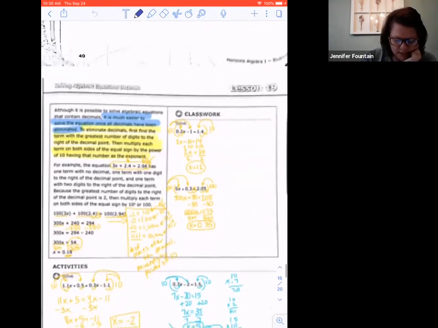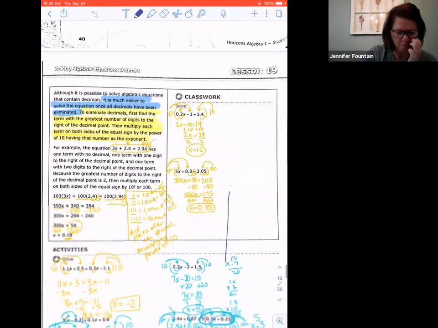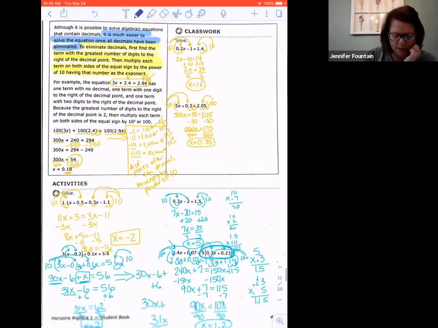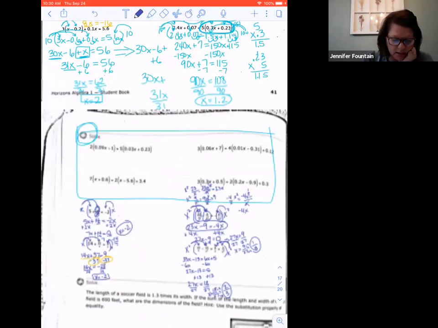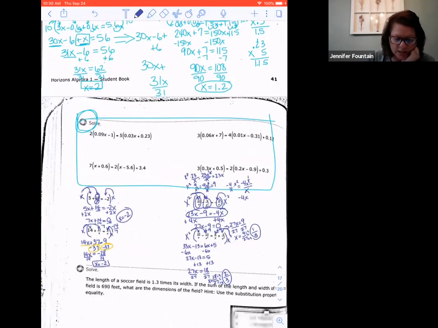In lesson 19, we had talked about clearing our decimals. And so we started with homework on page 42, those top 4. So let's see, get to my page real quick. I will read out the answers for these 4, and then I will work any that we need to work.